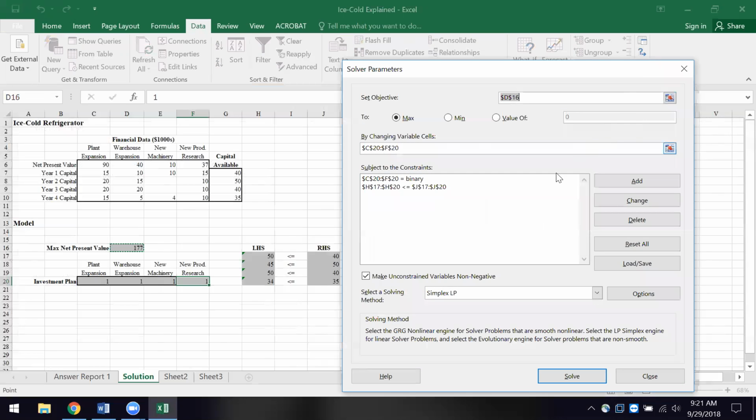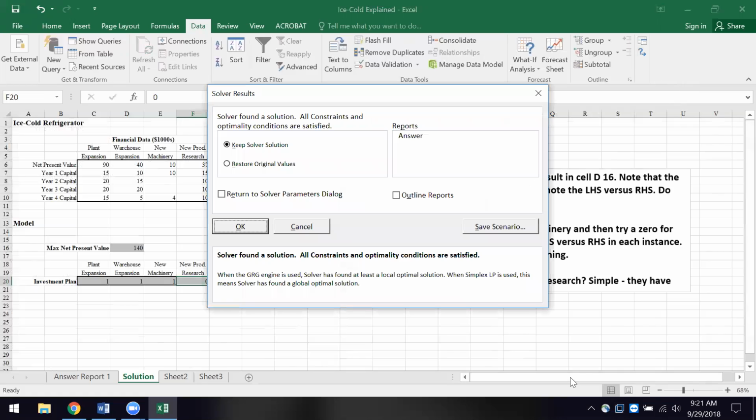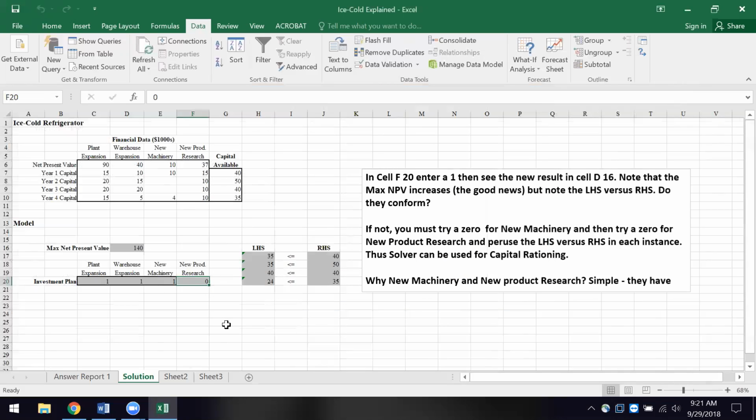There it is. Finally got it up. All right, now I'm ready. I have the new research project. I put a 1 in there and we'll solve. And we've got answer report number 2. And there's our solution. As you can see, it went down.